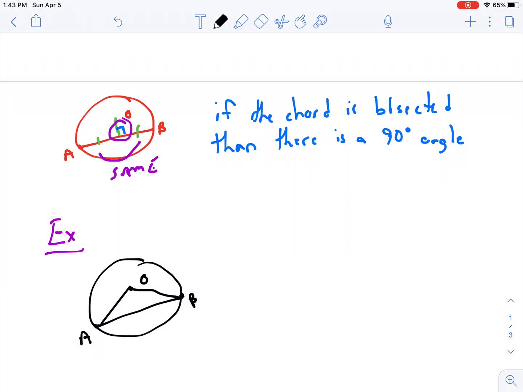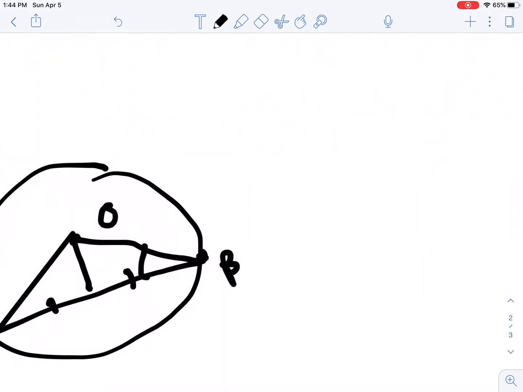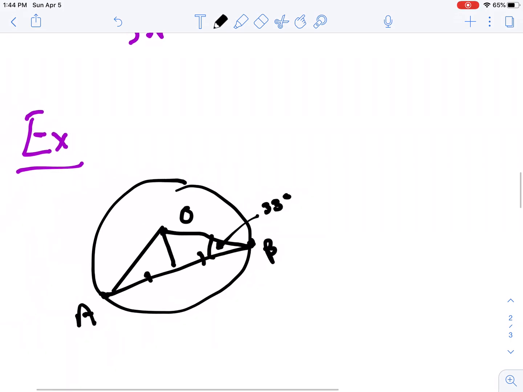Now, both those lines, I'm going to say are there. I'm going to say I have another line running down here. So now I have a couple of things to figure out. First off, I'm going to tell you that these two lines are the same length. And I'm also going to tell you, and I might make it bigger just so I can get it in, that this angle is 33 degrees. So then my question would be, can you tell me the following? Can you tell me number one?